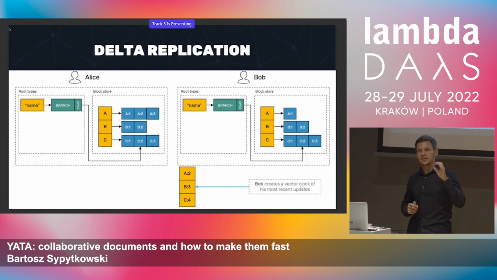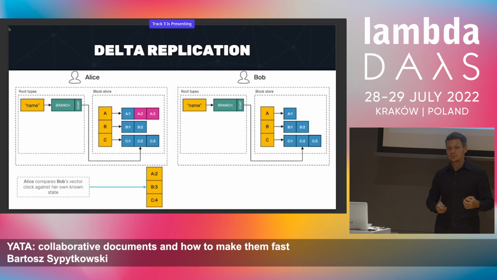A vector clock basically tells us about the most recent state of Bob's block store, his document. And A2, B3, C4 means those are IDs of the blocks that I haven't seen, and haven't seen anything after them.